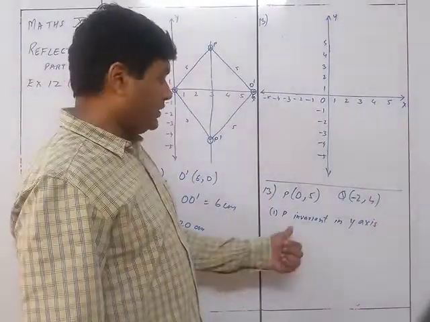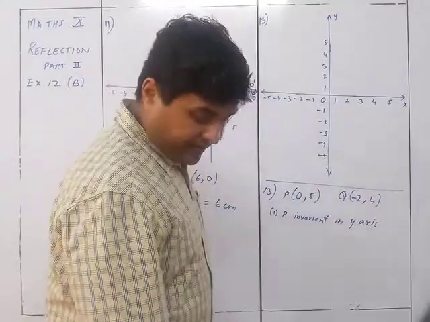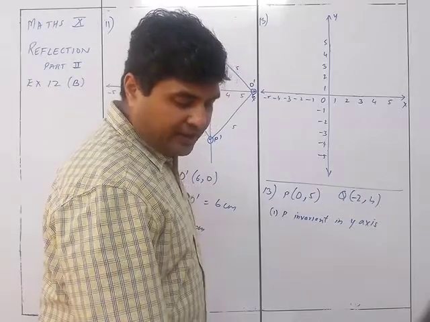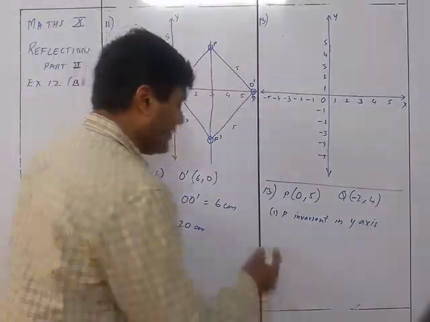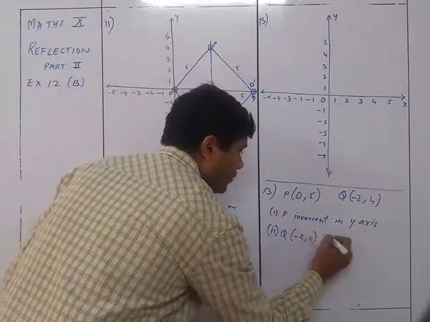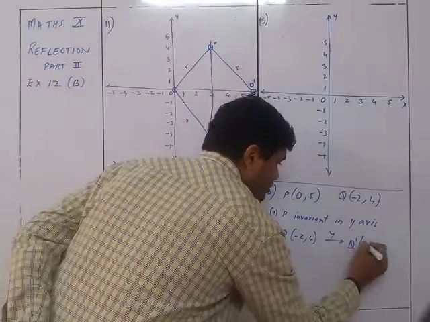It is lying on the y-axis, so invariant on the y-axis. Then second part, find the image of Q on reflection in the axis found by A. So you are going to find the reflection of Q, minus 2 comma 4, in the y-axis, which will be Q dash, where y doesn't change, so 2 comma 4.